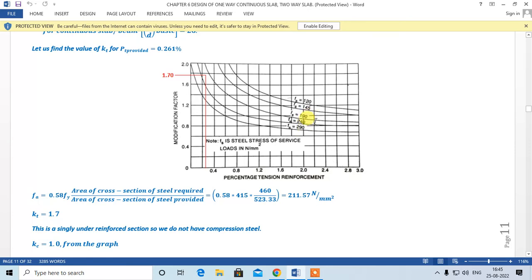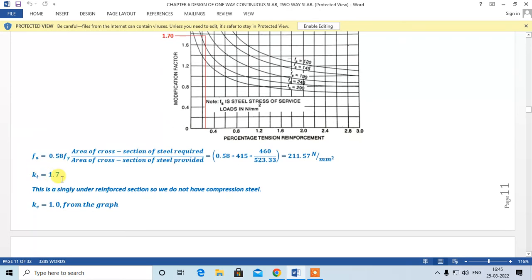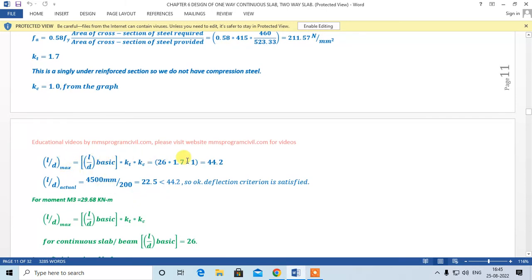So this will fall between these two graphs. You can draw a line for PT 0.261, and you get KT is 1.7. So KT is equal to 1.7. Kc will be equal to 1 because there is no compression steel. When the percentage of compression steel is 0, Kc will be 1. So you can find this now. This is equal to 44.2, that is 26 into 1.7 into 1.